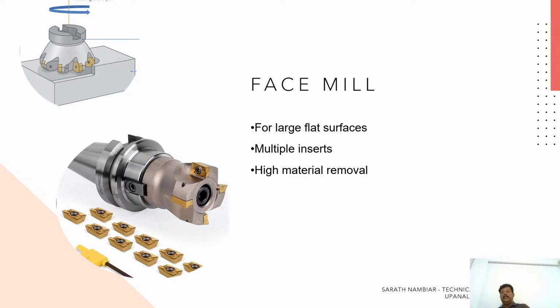Now imagine you have a big block and you have to make the top surface flat. Using a small end mill will take time. But if we use the face mill, we can do it much faster. So tool selection not only affects quality, but also affects time.